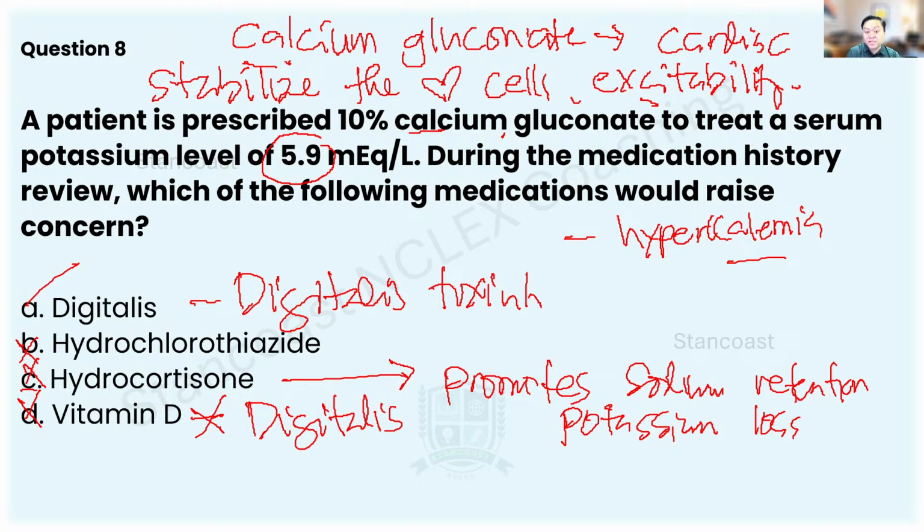What do you want me to do at this point, since there's a need for us to administer the calcium gluconate? So it's either that you're going to ask for an order to hold the digoxin at this instant in order to prevent the digitalis toxicity complication. Okay, so that would be our next step.